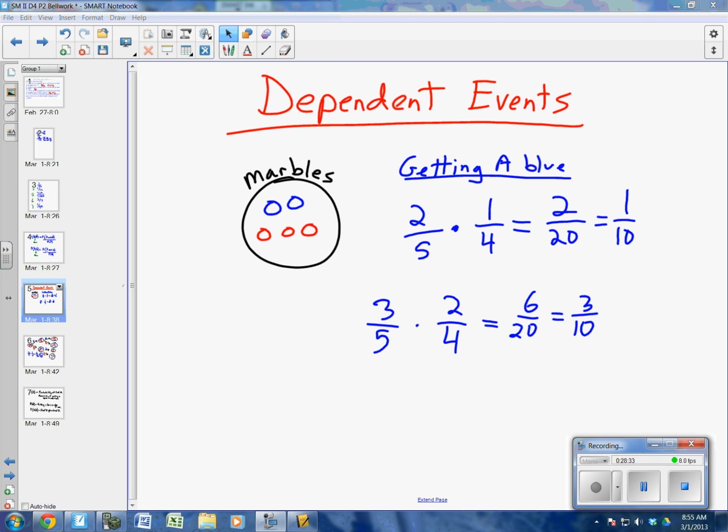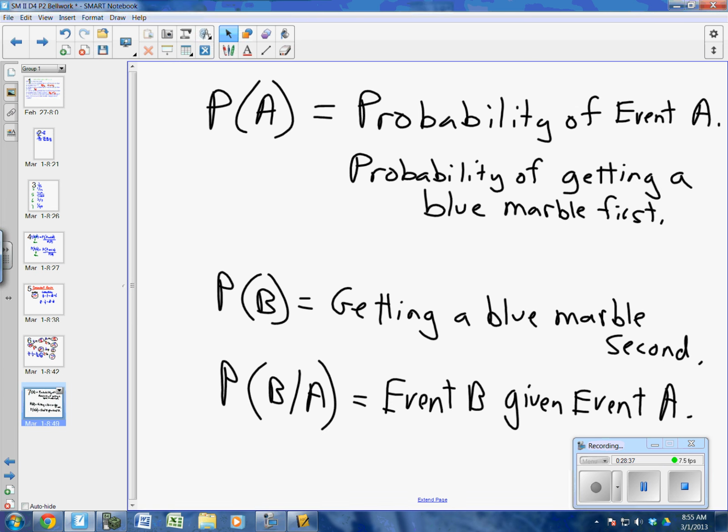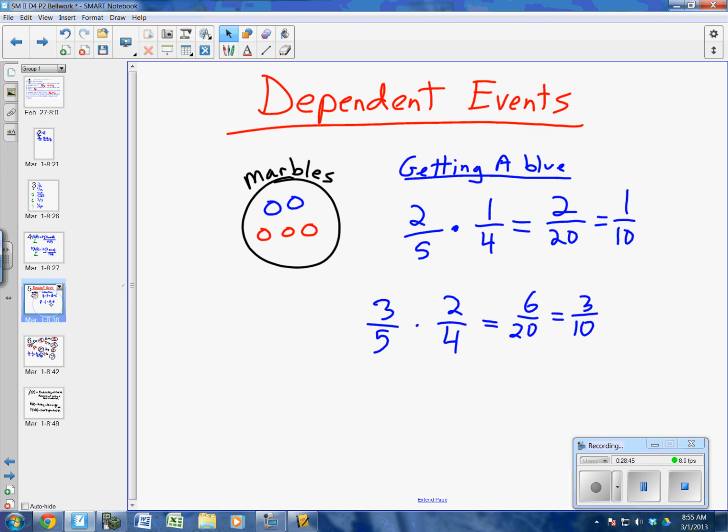Yes. That's why, see down here, I'm going to skip back down here. That's what this means. The probability of event B given that event A happened. So when we come back here, this is saying, okay, what is the event of getting 2 blue marbles? Well, first of all, event A is getting a blue marble. It's 2/5, right?